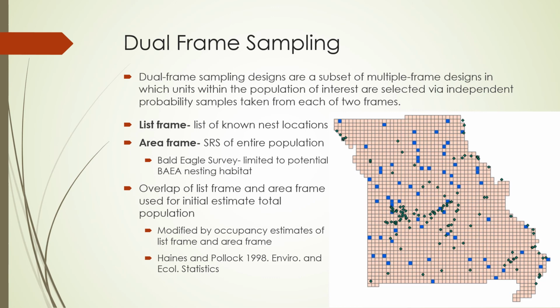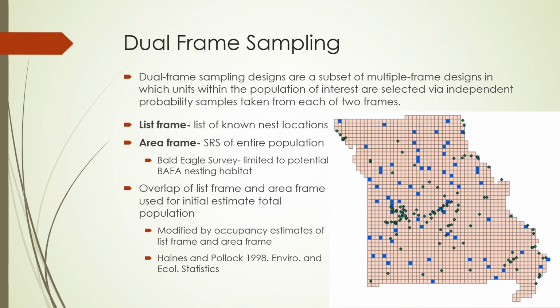And so in addition to the list frame, you also select an area frame, which is a simple random sample of the entire population. And you could use some criteria like it has to be within a kilometer of a river in order for a sample to meet your criteria. But once you've determined what that sample frame is, then you randomly sample from it and you send people out and say, okay, here's 50 other sites across Tennessee that we're going to go visit.